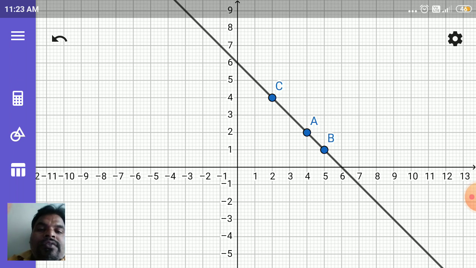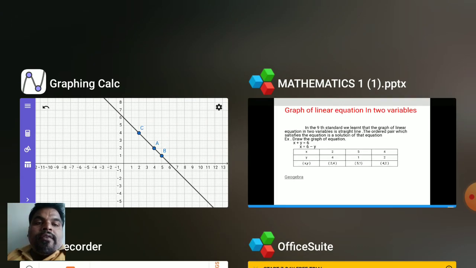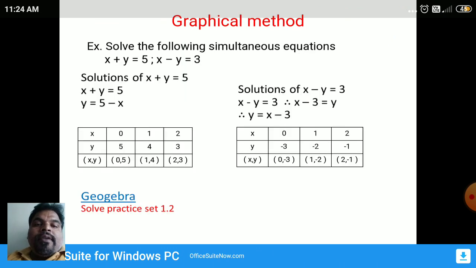Now using this method to solve linear equations in two variables, we consider an example. The example is: solve the following simultaneous equations by graphical method.